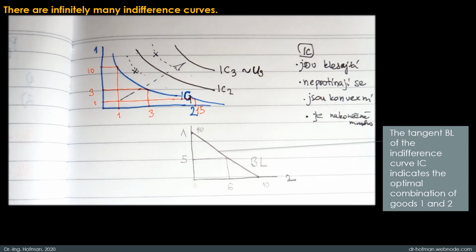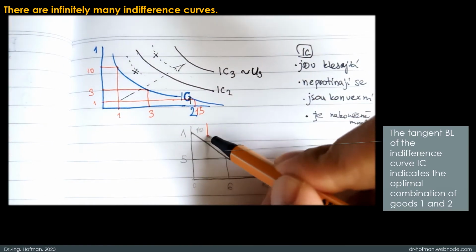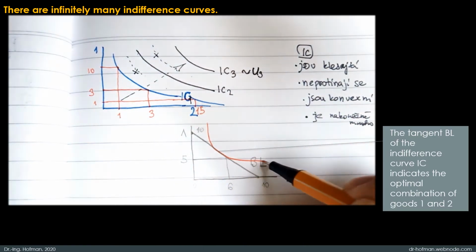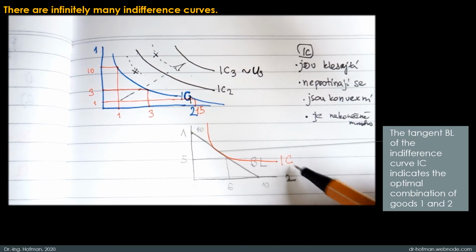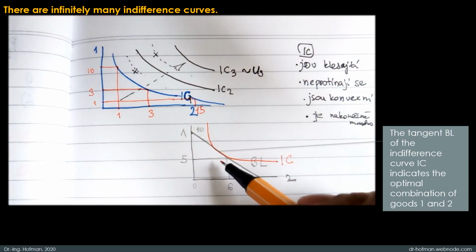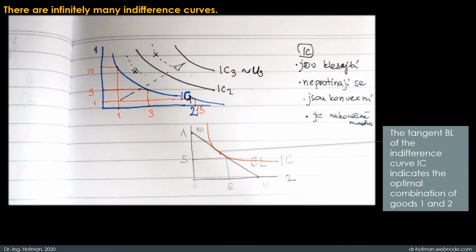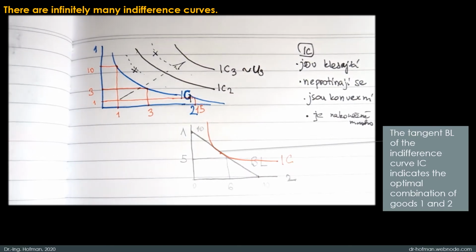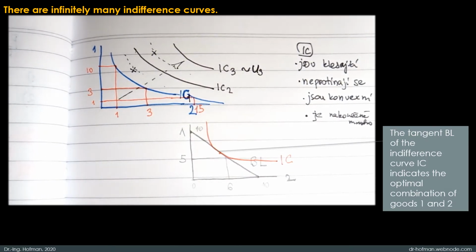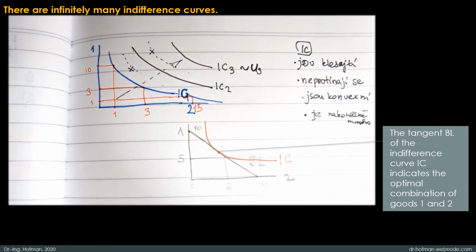Only the indifference curve that touches the budget line corresponds to the coordinates of the maximal achievable benefit. The tangent of the BL and the indifference curve indicates the optimal combination of goods 1 and 2, I mean their amounts, quantities.